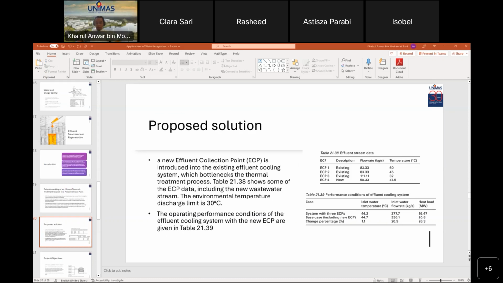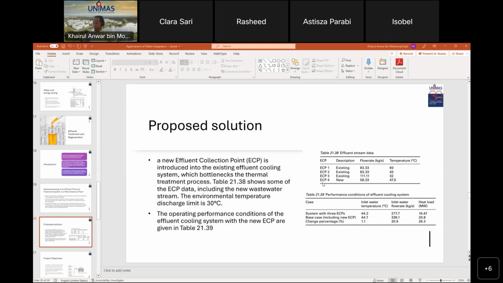The proposed solution: a new effluent collection point is introduced into the existing effluent cooling system, which bottlenecks the thermal treatment process. Table 21.38 shows some of the ECP data.